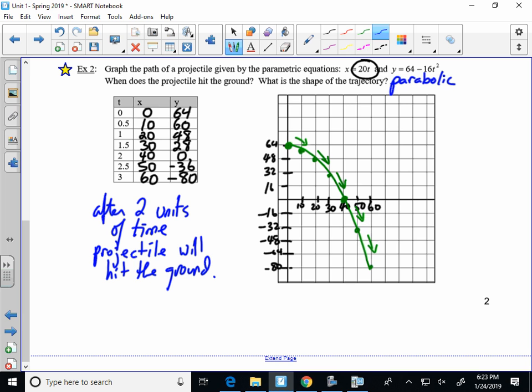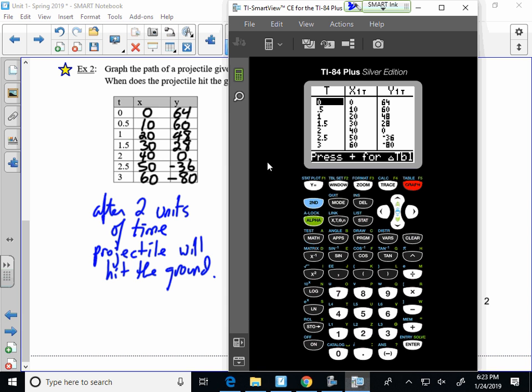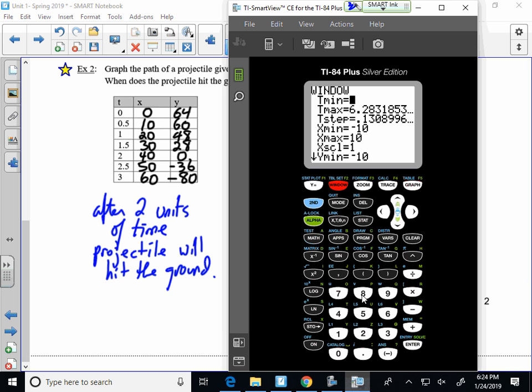The good thing about the calculator, one of the many good things about the calculator, is that if we create the graph, t is t. It's either given to you, or you have to make an educated guess as to what it could be. The step is just saying the increments of t. So we'll just go by 0.5s, but then that could give us an overly angular picture, so maybe you want some more points.